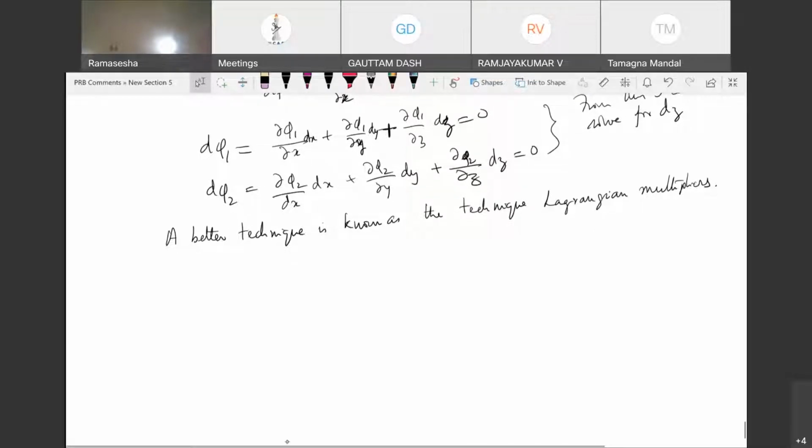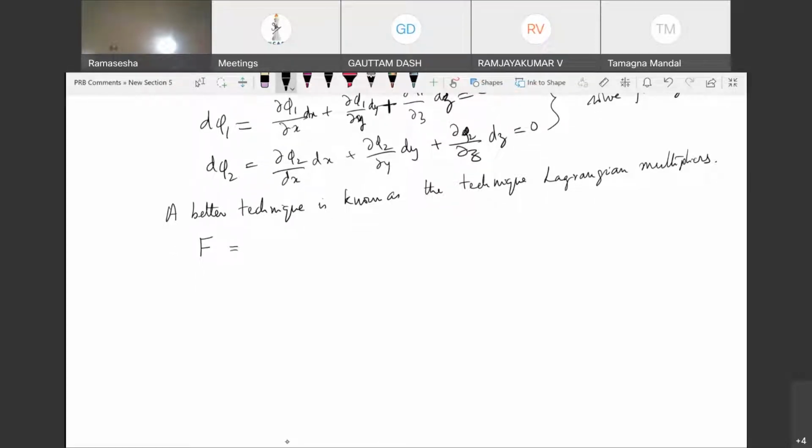Instead of minimizing the function f, we minimize phi, which is given by f of x, y, z plus lambda 1 p1 x, y, z plus lambda 2 p2 x, y, z, where lambda 1 and lambda 2 are what are called the Lagrange multipliers.